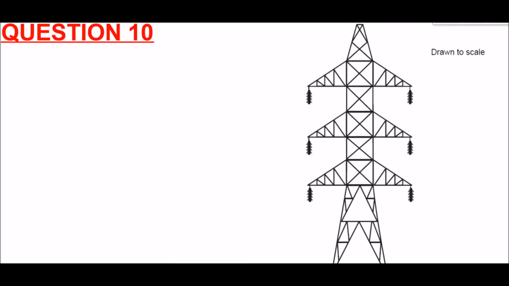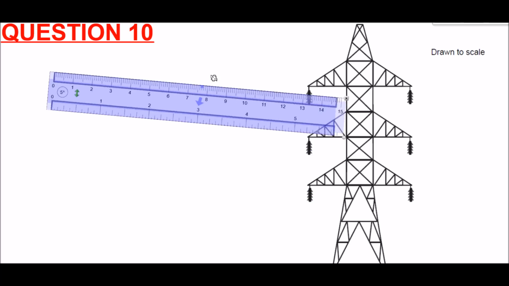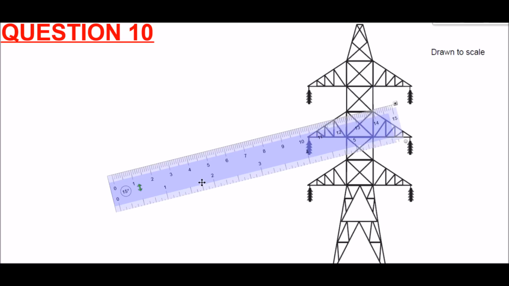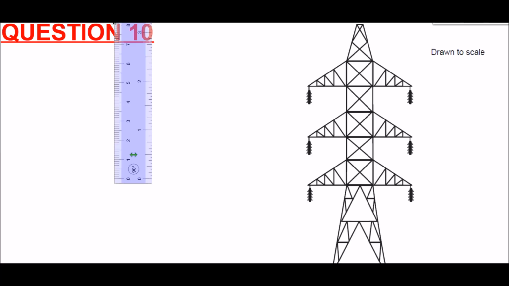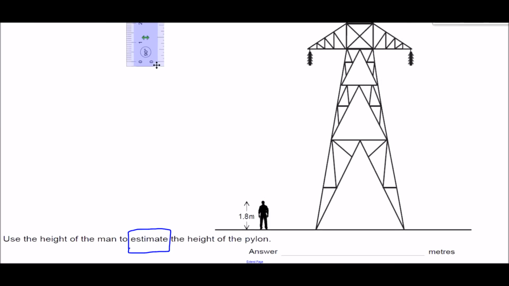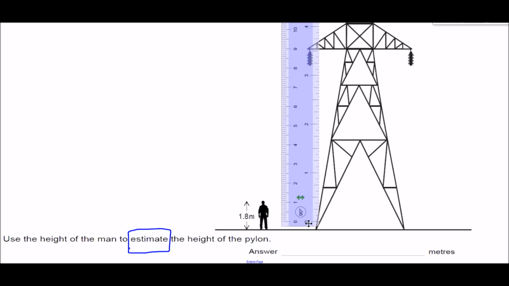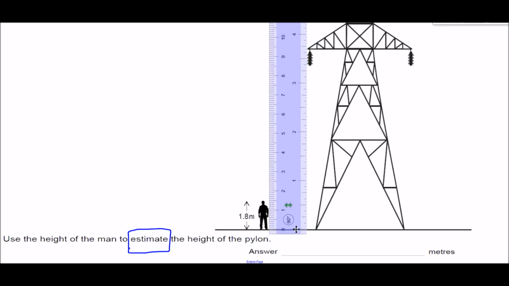So what we're going to need to use for this question is a ruler. Using the ruler, what we'll need to do is measure the height of the man. So if I just get this ruler, bring it down to meet the man, get it right against him.